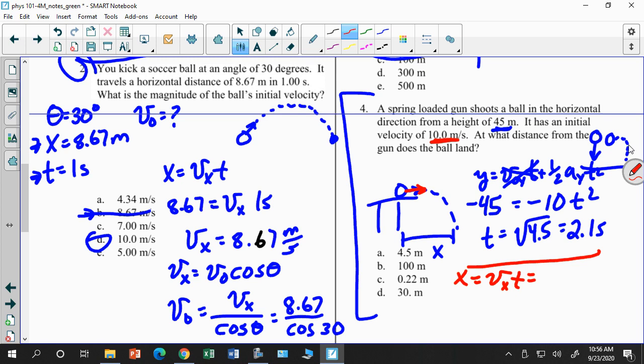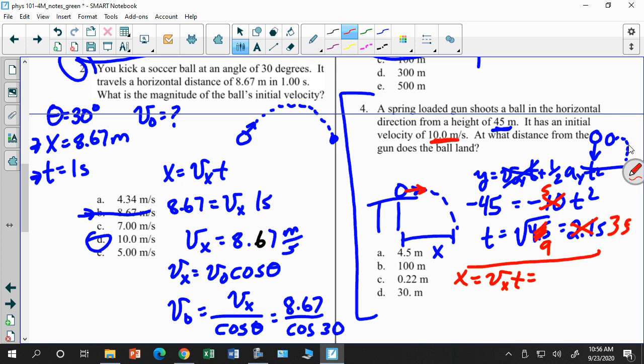Just a second. Oh, go ahead, Lex. Oh, you're right. Yeah, thank you. Good catch. All right. So she said this should be -5. And so this would be the square root of 9, which is 3 seconds.